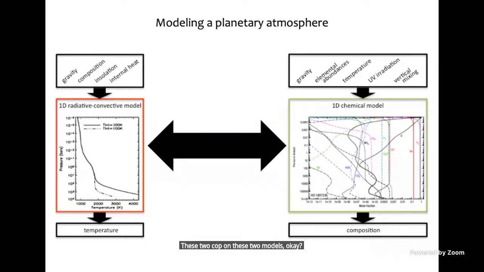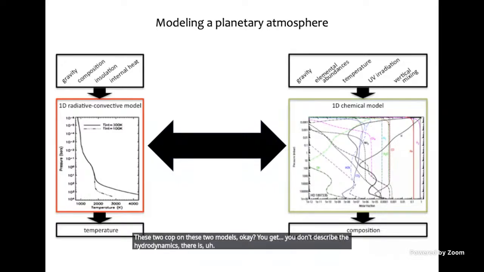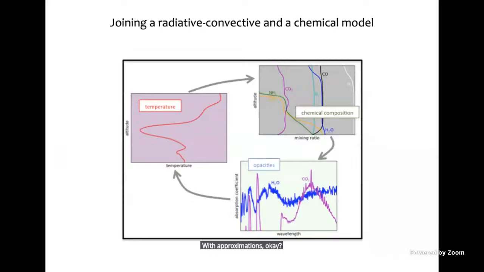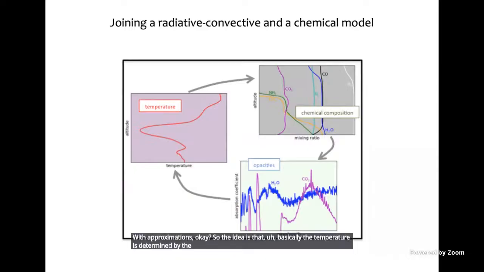You don't describe the hydrodynamics. That is of course very important, but at some point you have to live with approximations. The idea is that the temperature is determined by the opacity of the species that are in the atmosphere, and whether the abundance of these species is controlled by chemistry.